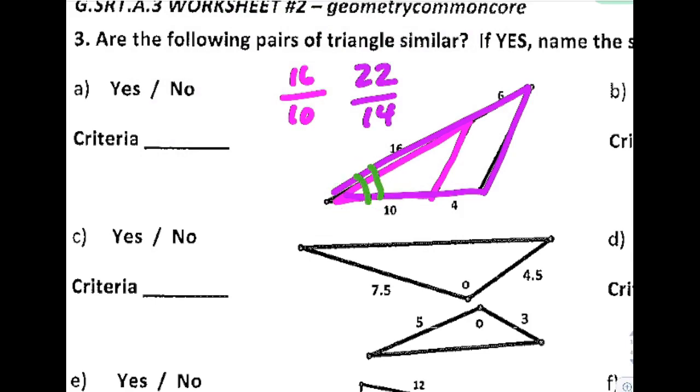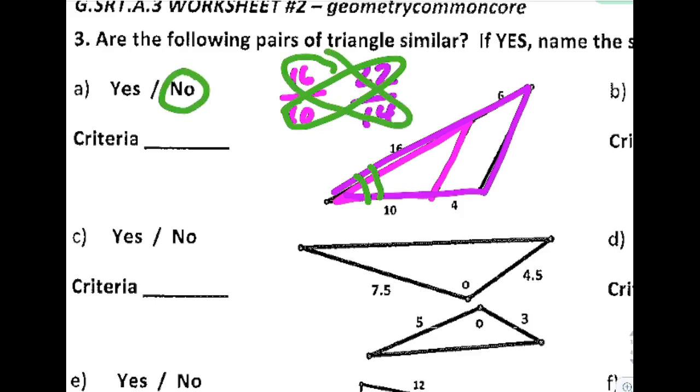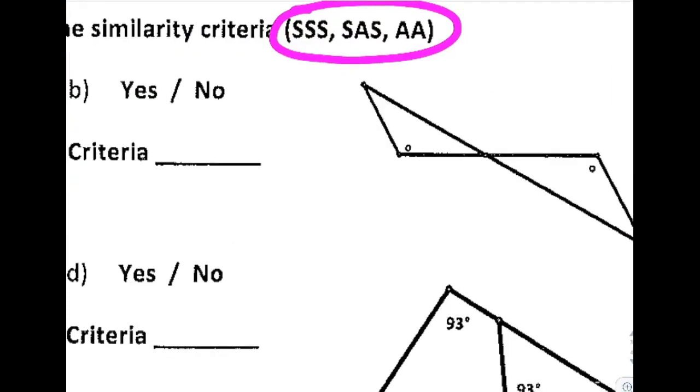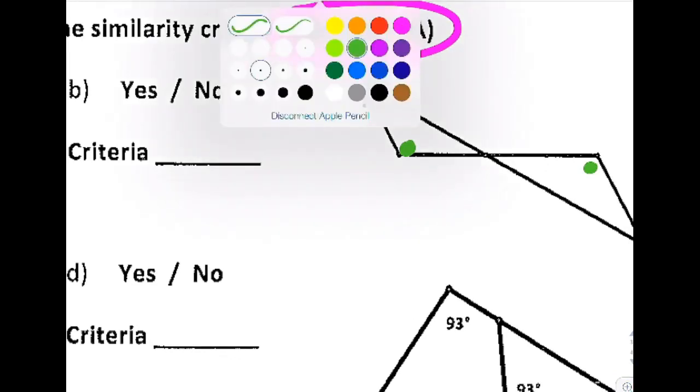But are these in proportion? 220 does not equal 224. So that's actually a no. Just because it looks like side angle side, you have to check to see if it's actually in proportion, and this one was not.